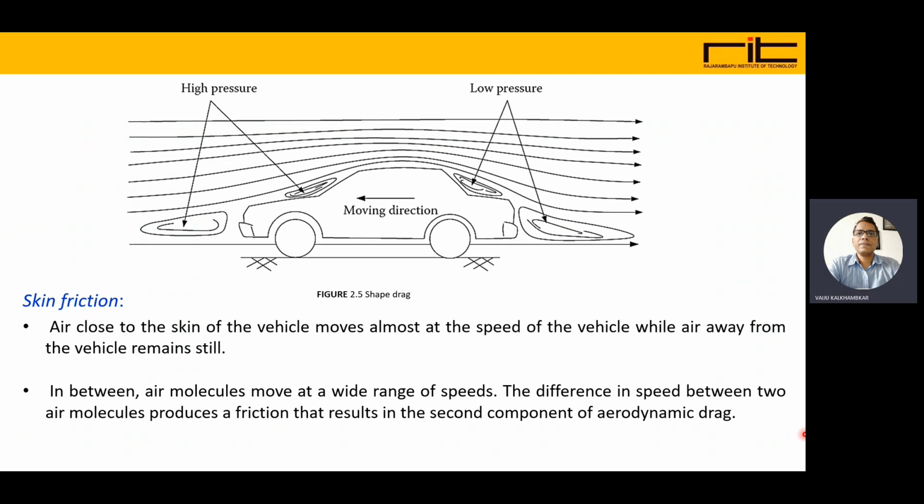So in between, air molecules move at a wide range of speeds. The difference in speed between these air molecules produces a friction, and that results in the second component of the aerodynamic drag, which is the skin friction.